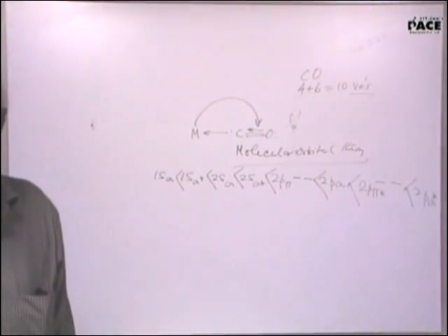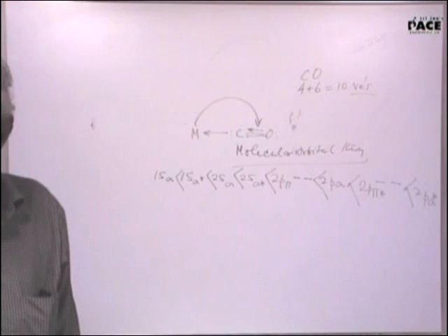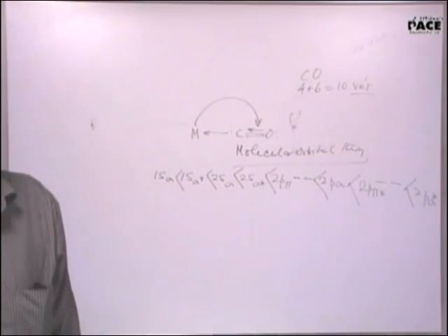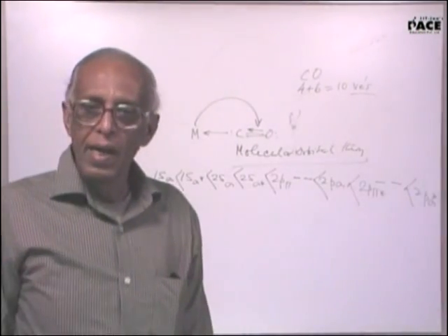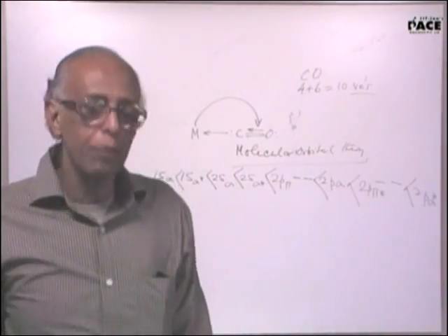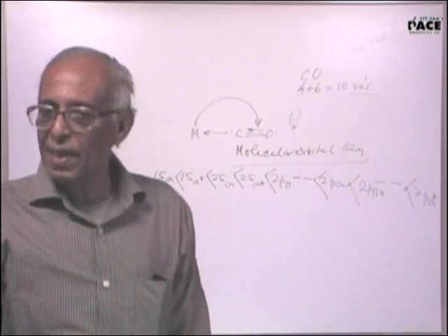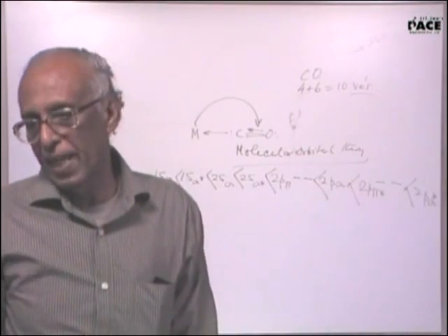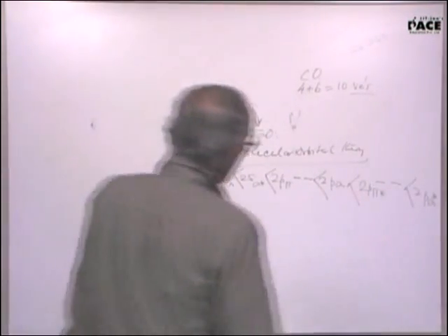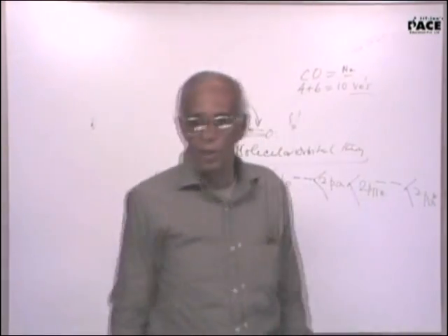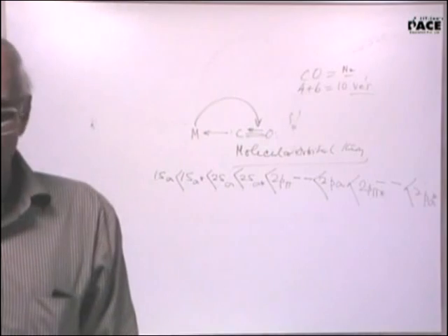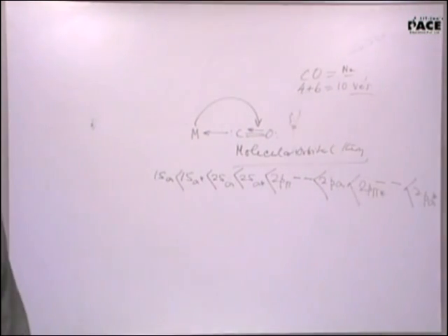Carbon is a 14th group element, you ignore 1, that means 4. And oxygen is a 16th group element, so you ignore 1, 6. So 6 plus 4, 10, which is isoelectronic with nitrogen. So what is valid for nitrogen is valid for carbon monoxide.